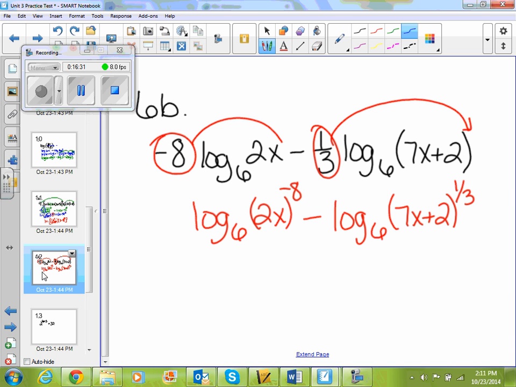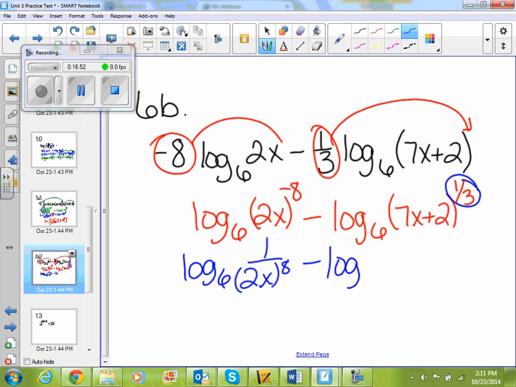Okay, so then I know that this negative exponent actually becomes a fraction of 2x to the 8th power. And to make it positive, I have to move it to the bottom, so I know I'm going to get log base 6 of 1 over 2x to the 8th power, and I know that this 1/3 becomes a cube root, so minus log base 6 of the cube root of 7x plus 2.